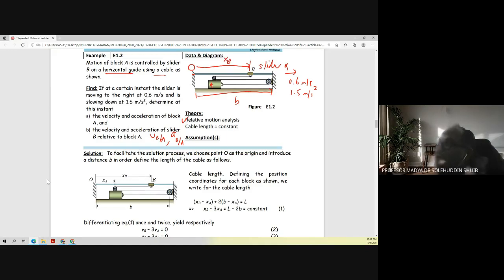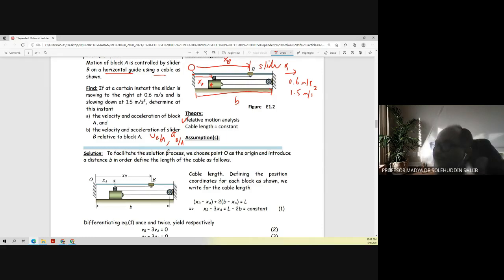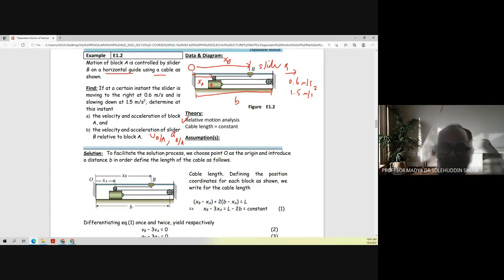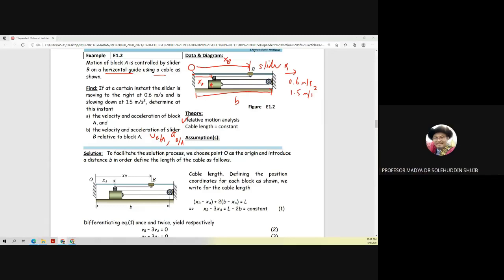And then we have here XA. So try to think about it. I give you 5 minutes to figure out how to solve this. We continue at 10:45.